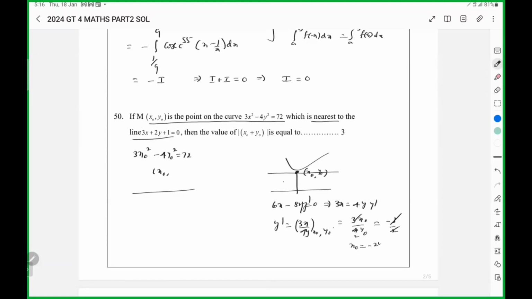Here it is x naught y naught lies on curve 1.